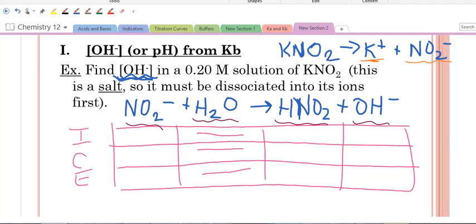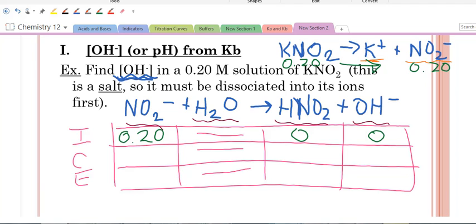So we do know that we start out with 0.20 molar solution of KNO2. So if this is 0.20, then we know when it dissociates, we'll have 0.20 molar because of the 1-to-1 ratio. So we start off with 0.20 molar, and of course we have 0 HNO2 and 0 hydroxide ions to start.